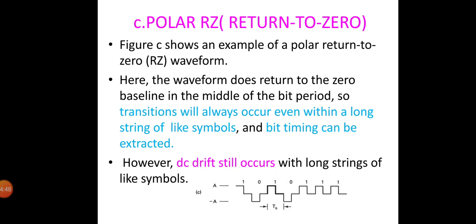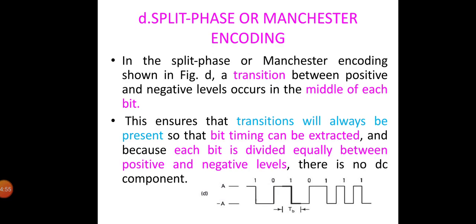However, DC drift still occurs with long strings of like symbols. In split phase or Manchester encoding, a transition between positive and negative levels occurs in the middle of each bit, and this ensures that a transition will always be present so that bit timing can be extracted. Because each bit is divided equally between positive and negative levels, there is no DC component at all.